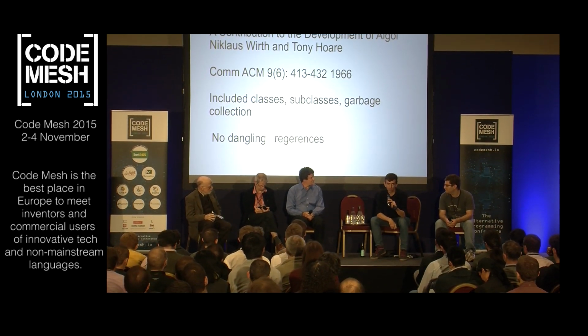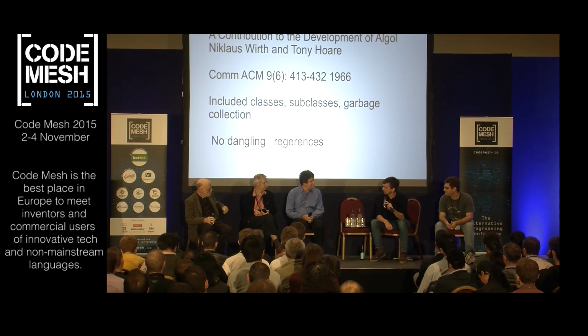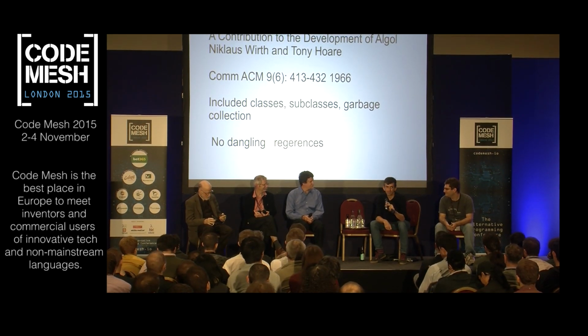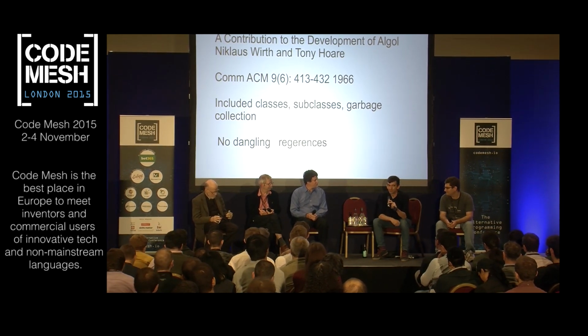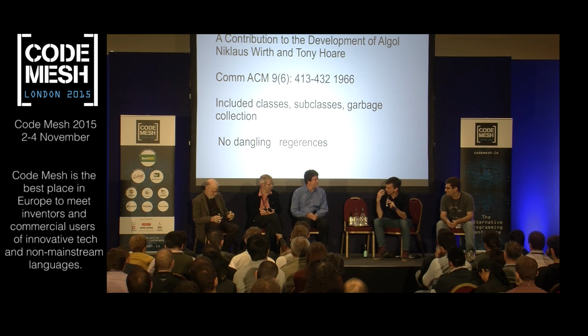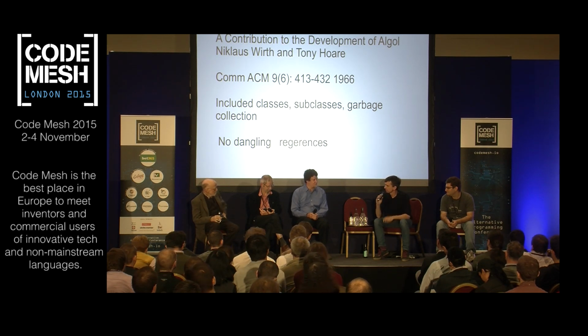Where I was at Microsoft Research, I wanted to make sure I had a language that I could use myself and be happy programming in. And then it sort of went on from there. Yeah, I think that's the best motivation for making any tool: to create something you want to use yourself, you and your peers.